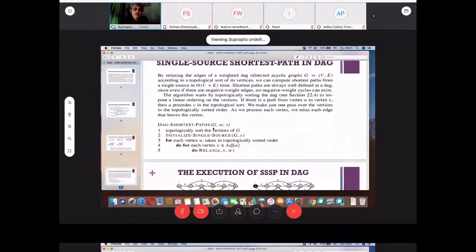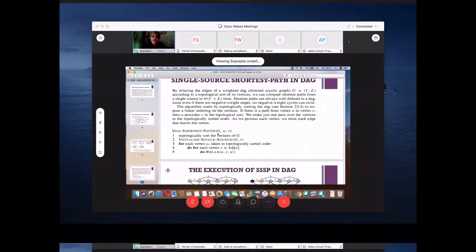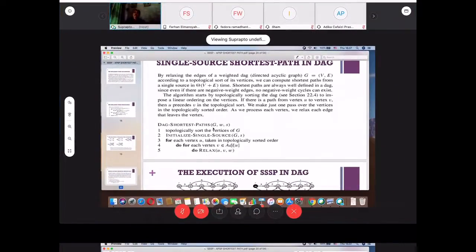To do the topological sort, we call DFS once. And then we can arrange the vertices in a horizontal line according to the occurrence.